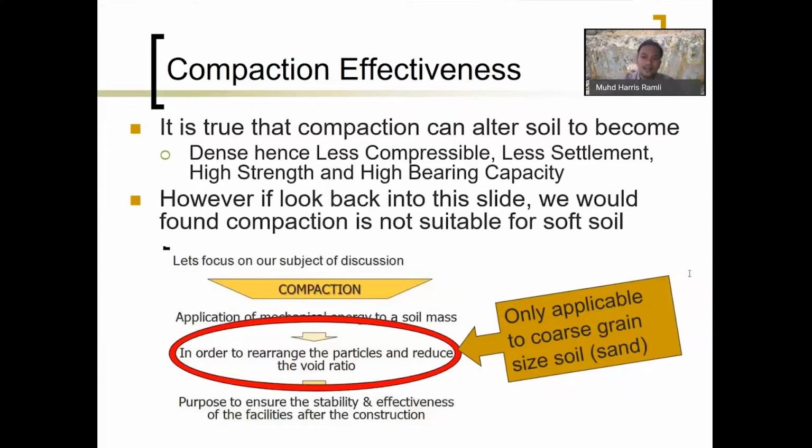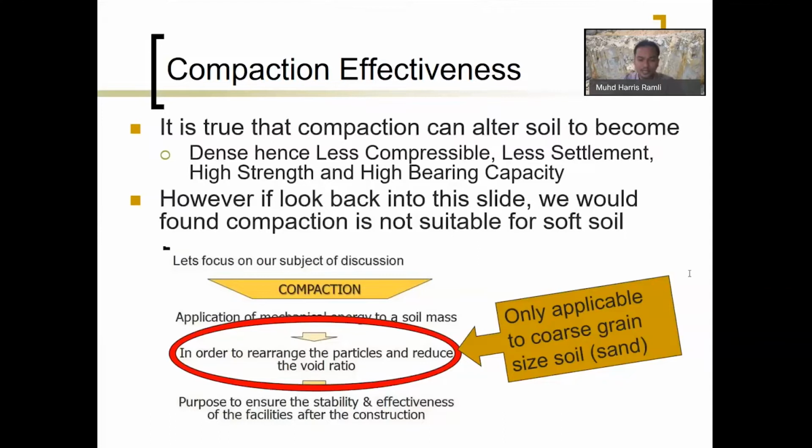What is the highest value that you should actually apply to the site? Which type of soil can be used at site, and which type of soil you cannot use at site. Okay, that one is covered in the elective course in ground investigation in your fourth year. That is basically dealing with specifications for engineers.